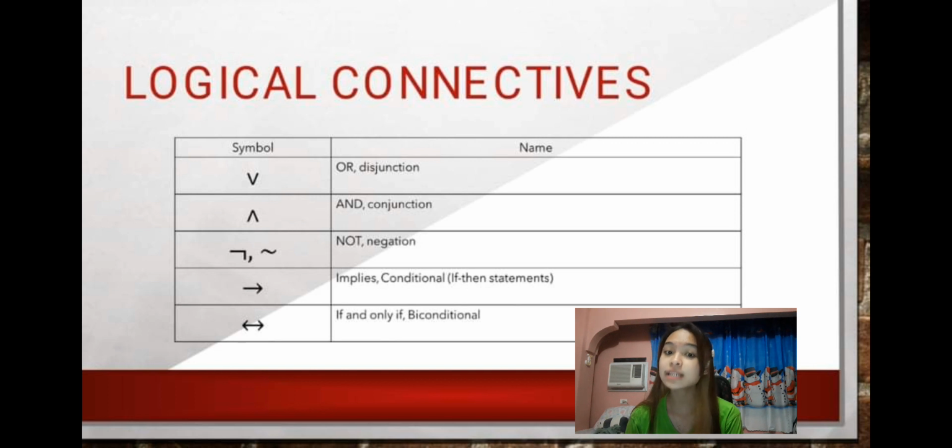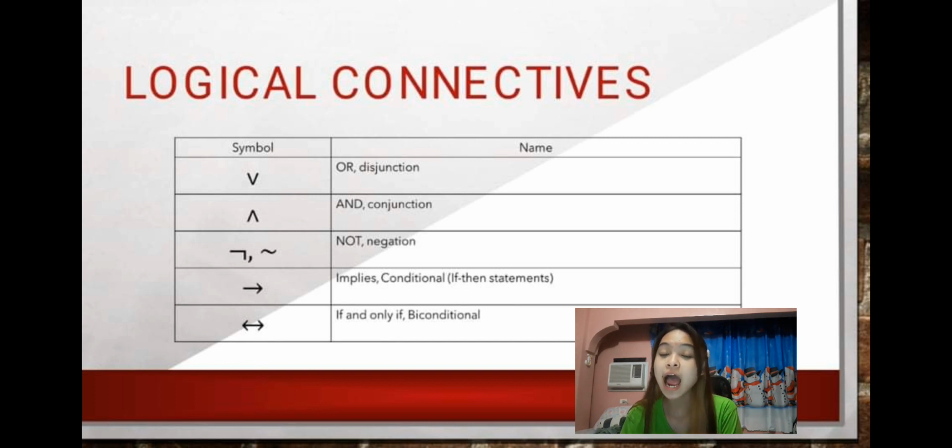So for the logical connectives, there are 5 symbols. First is the symbol that looks like the letter V, which is the or, or the disjunction. The opposite, the upward version of the letter V, is called and, or the conjunction. For not, the negation looks like a curve, or like a straight line then down.